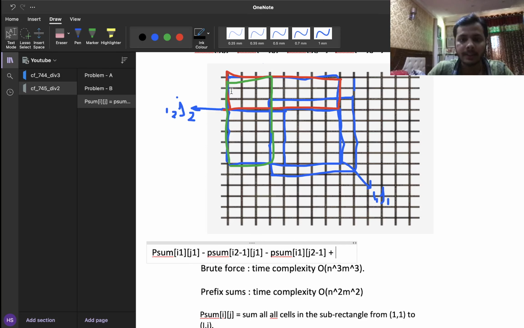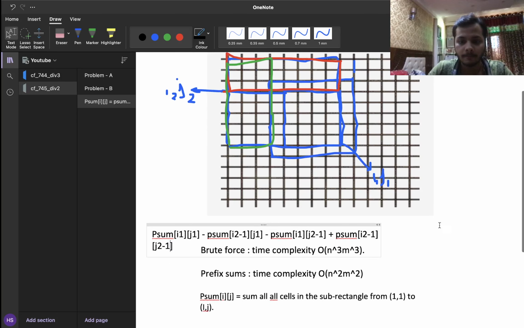But then I realized that I have subtracted this portion twice, so I'll be adding that. So that is going to be I2 minus 1 and J2 minus 1, right?